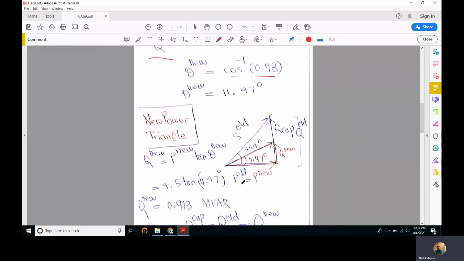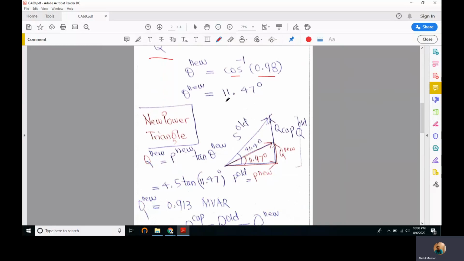We see that P old is the same as P new, because by introducing capacitors we are adding a negative Q and we are not adding any P, because the average power dissipated in a capacitor is 0. Therefore, after introducing capacitors, the average power P remains the same. So this is the new power triangle. In fact, we have both triangles in this drawing. The blue triangle is the old triangle, the red triangle is the new triangle.